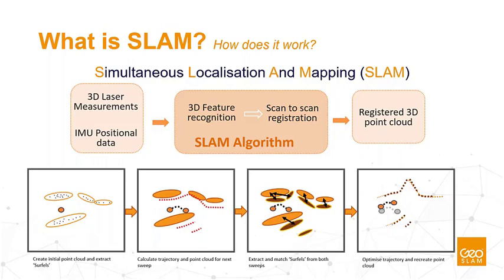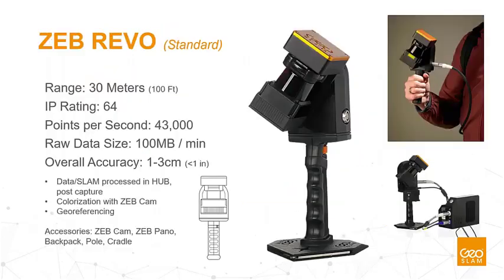And then we use that transformation to continuously optimize our trajectory and recreate the point cloud as we move through the space. So that's a high-level overview of how SLAM works and how we're able to create those point clouds in a mobile scenario.